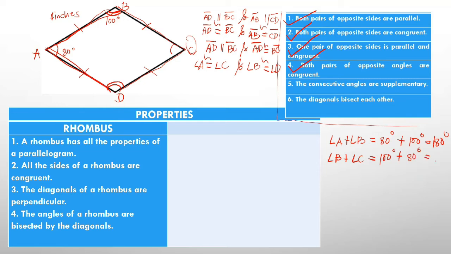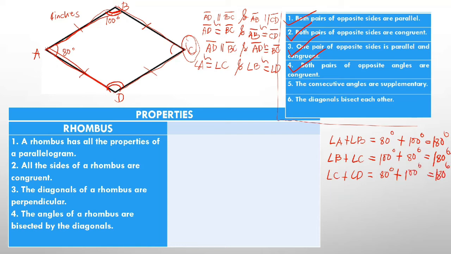Next, consecutive angles, angle C plus angle D. Angle C is 80 degrees because it is congruent to angle A. So 80 degrees plus angle D, which also has no measurement but is congruent to angle B, therefore it is 100 degrees. And it is equal to 180 degrees, which is a supplementary angle.